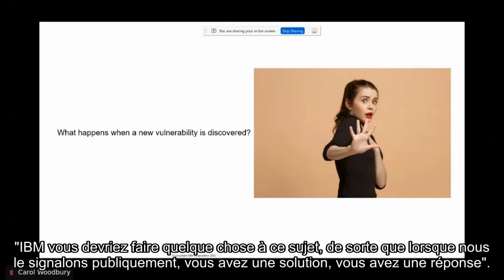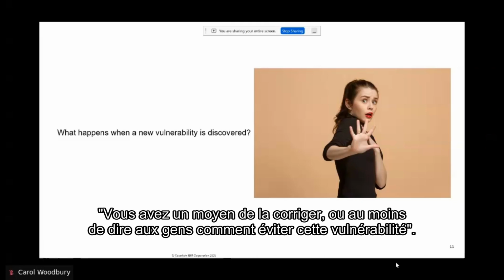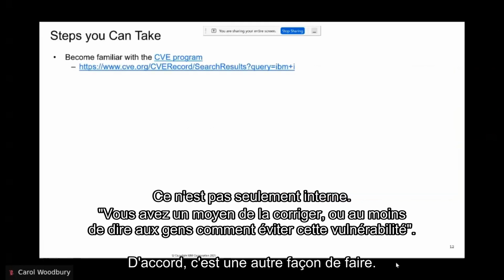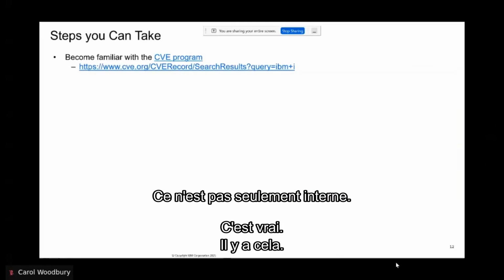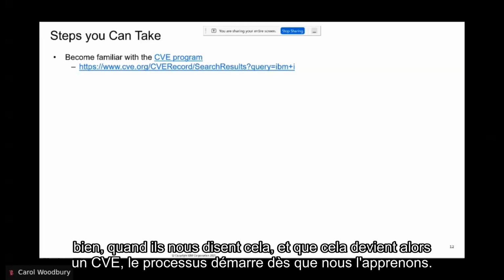You have a way to fix it, or at least to tell people how to avoid that vulnerability. Okay, so that's another way. It's not just internal. Well, when they tell us this and it becomes a CVE, the clock starts as soon as we find out about it.